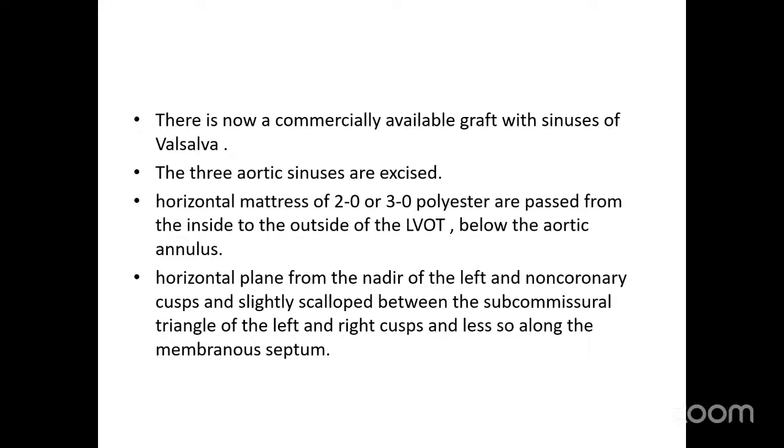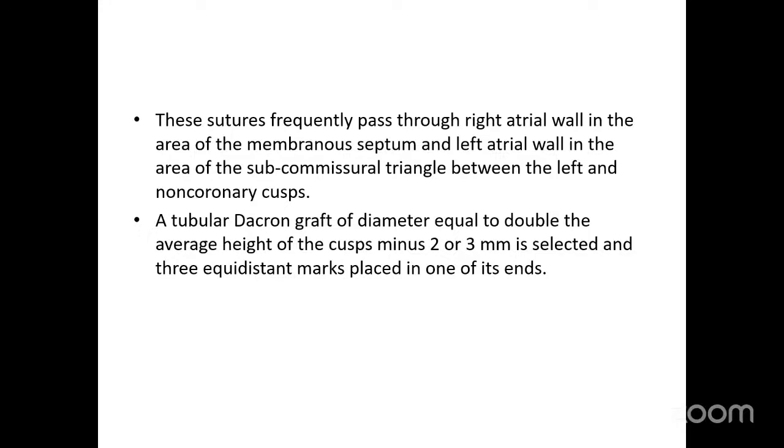The three aortic sinuses are excised. The horizontal mattress sutures of 2 or 3-0 polyester are placed from the inside to the outside of the LVOT below the aortic annulus, in a horizontal plane from the nadir of the left and the non-coronary cusps and slightly scalloped between the subcommissural triangle of the left and right cusps, and this is so along the membranous septum.